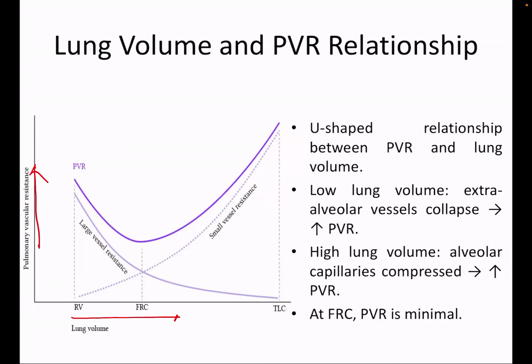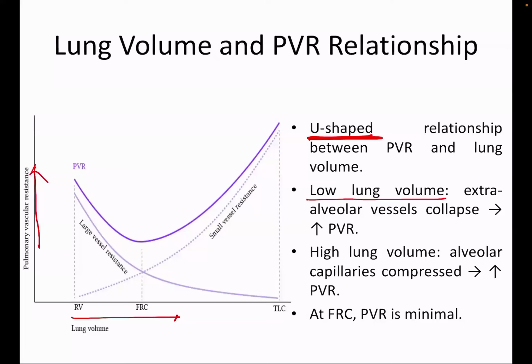The shape is experimentally derived, and it is U-shaped. Why is it U-shaped? Because at the two extremes of ventilation, the PVR will be higher, which is unfavorable. So at low lung volumes, that means when we are ventilating at very low lung volumes which are not suitable for the size of the patient, then what happens?